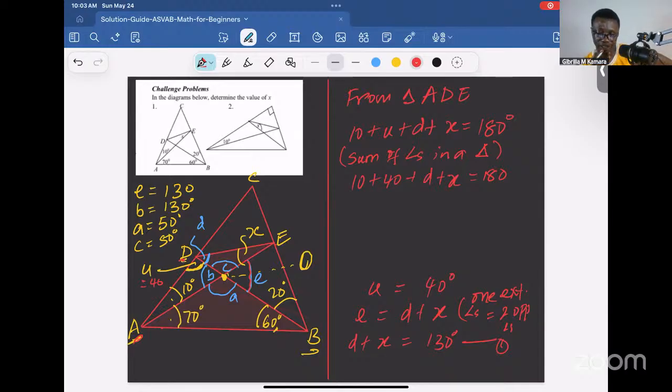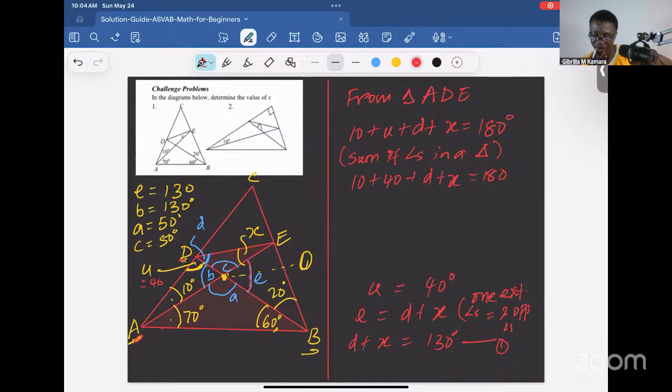So let's see. 60 plus 80, 140. Then we have 20, 80, 80, base angles.